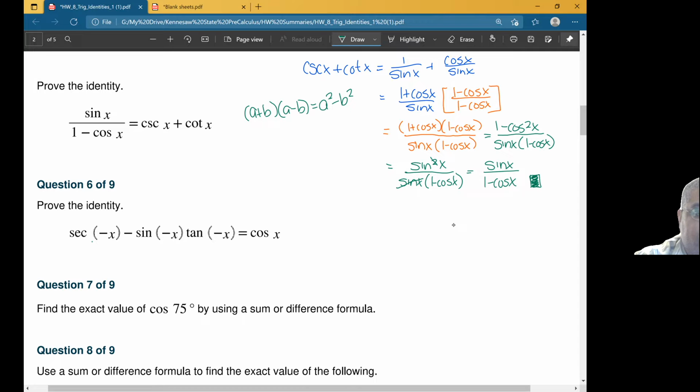Secant of negative x is 1 over cosine of negative x minus sine of negative x times tangent of negative x. Here's where your cheat sheet will help you. We're picking the left-hand side, obviously, to work on. Cosine of negative x is the same as cosine of x. Sine of negative x is negative sine of x.